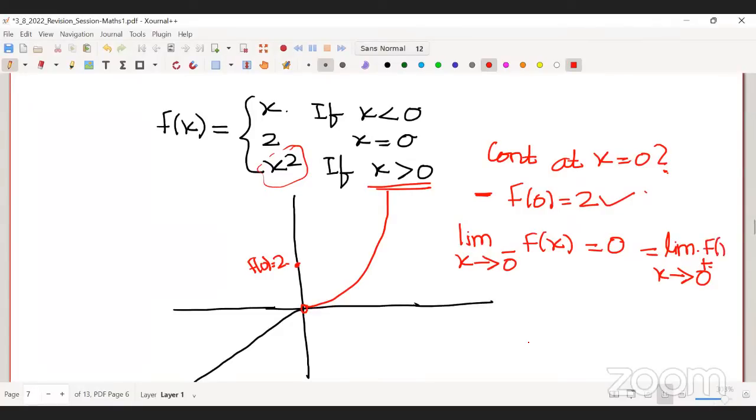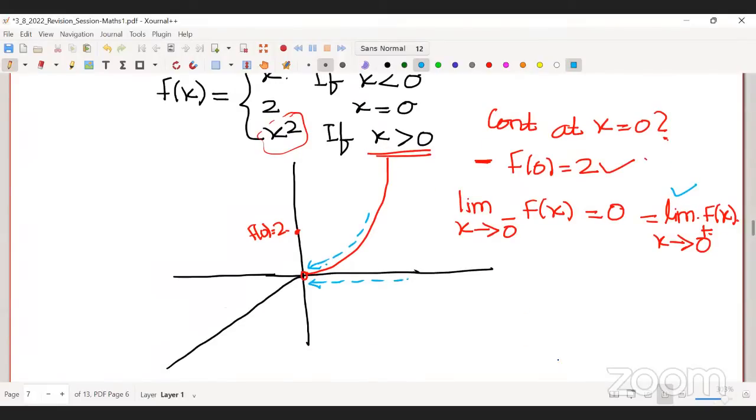This is also 0, right? This right hand limit is 0, because if you see this graph, when you are coming to 0 from the right hand side, the value of the function is approaching 0. And when you are coming to 0 from the left hand side, the value of the function is also going towards 0.